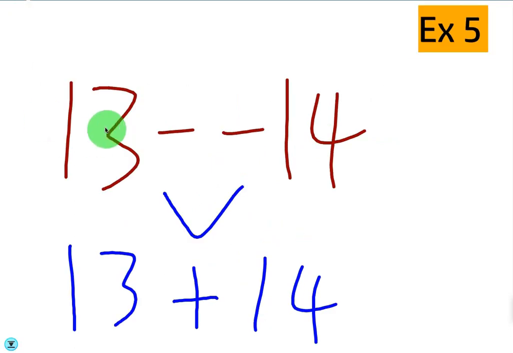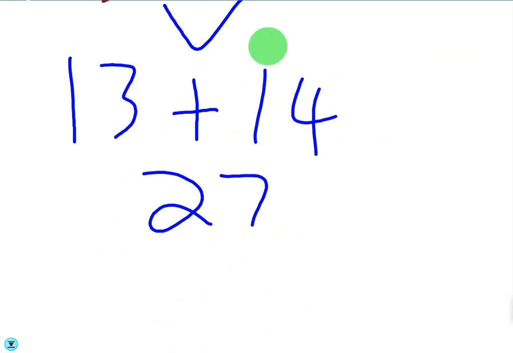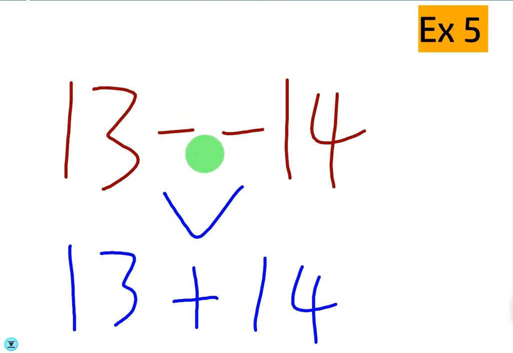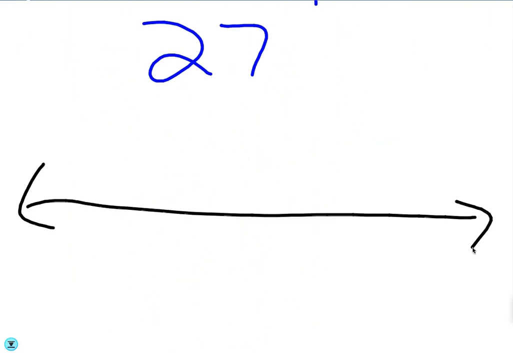Here, what's the difference between 13 and negative 14? Well, what you would do is you would take the bigger and subtract the smaller. So it would be 13 minus negative 14, which we know becomes a positive. So it's 13 plus 14, which gives you 27. Therefore, the difference between 13 and negative 14 is 27. Now, you can actually see this on the number line. Here's negative 14 way over here, okay?